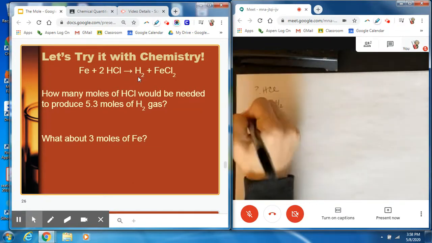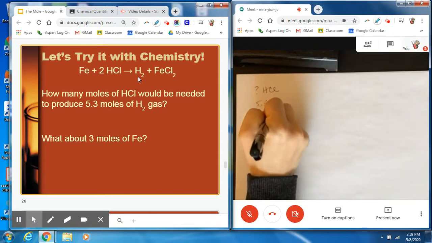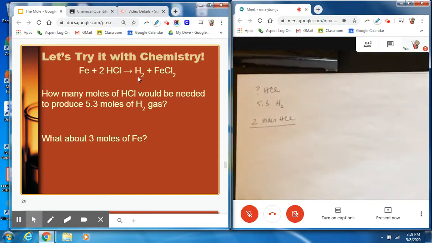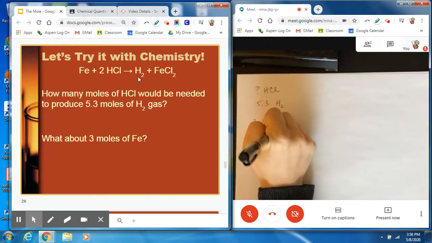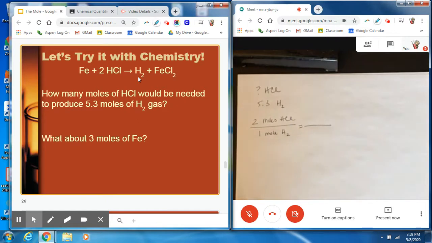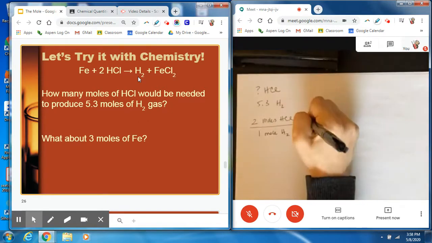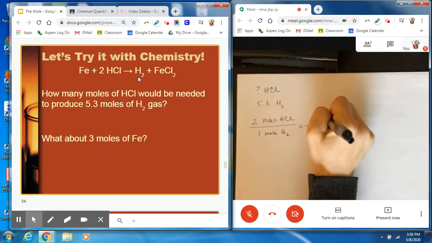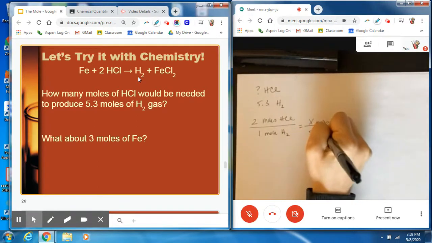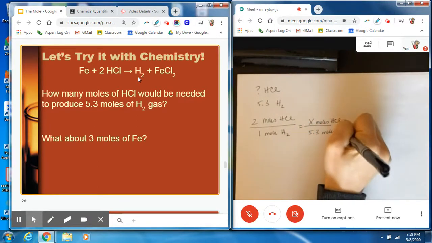In other words, for every 2 moles of HCl, we get 1 mole of H2. And so this question is asking us, how many moles of HCl will produce 5.3 moles of H2?